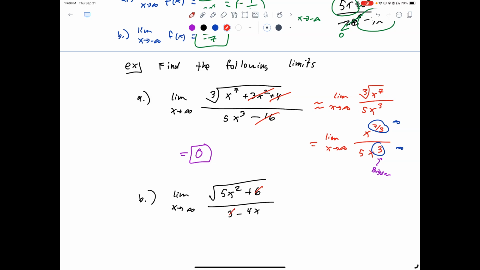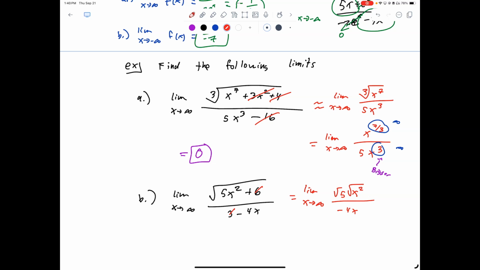The 6 and the 3. So now this is the same thing as the limit as x approaches infinity. Now this is only true for infinities. The square root of 5 times x, the square root of x squared, over minus 4x, right?